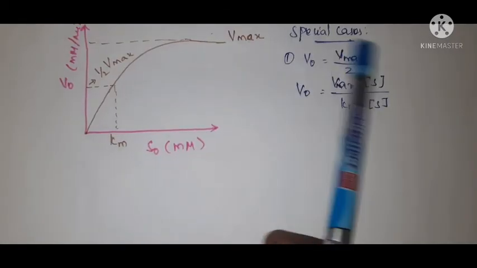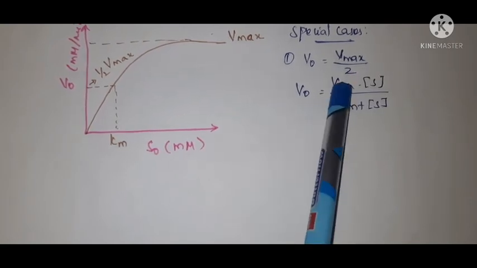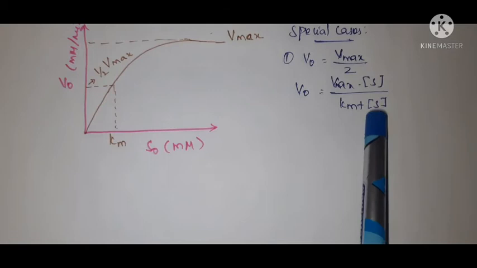Now, three special cases of the Michaelis-Menten equation, that is V0 is equal to Vmax into S divided by Km plus S. You know that.